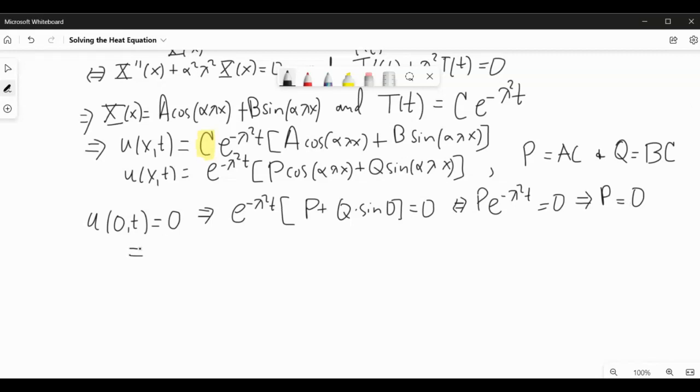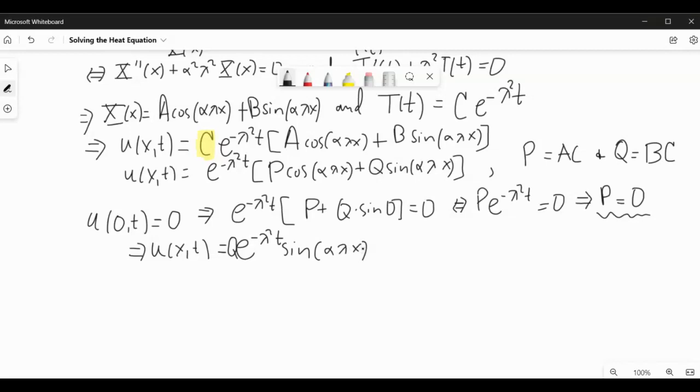So we can edit our function u of x,t, and upon substitution of p equals 0 into u of x,t, we get e to the negative lambda squared t, and then there's a q here, so let me just insert the q here, and then we multiply that with sine of alpha times lambda x.